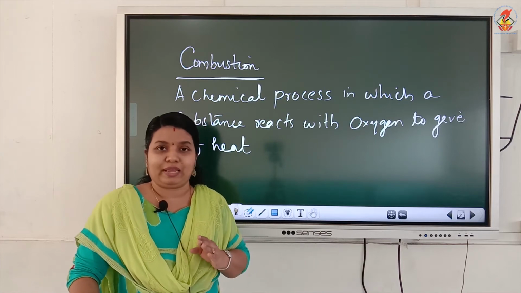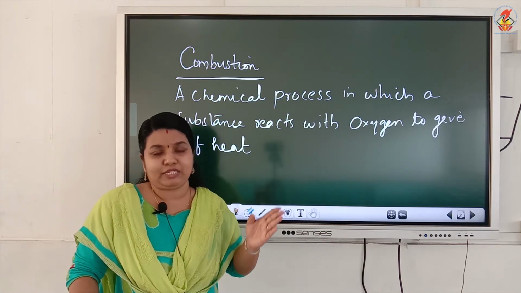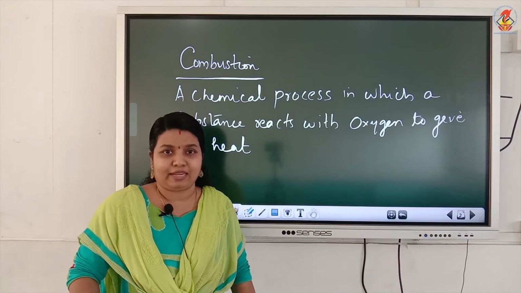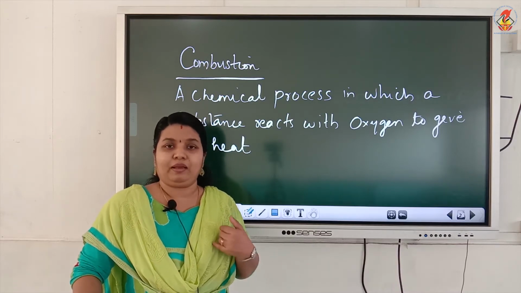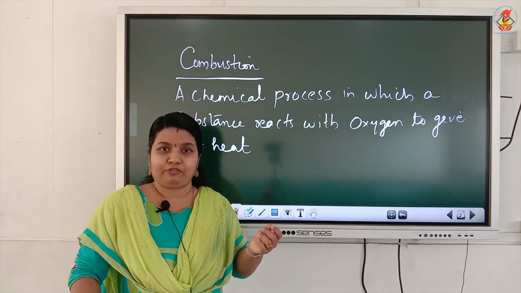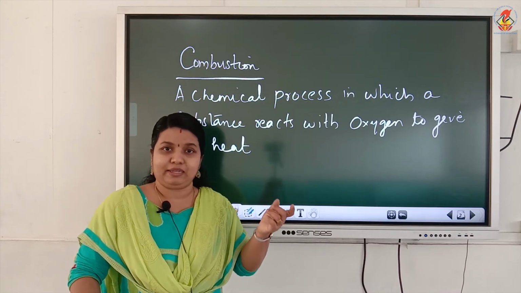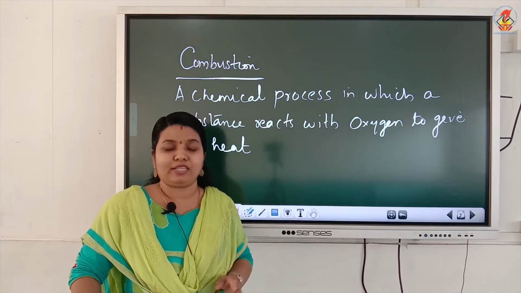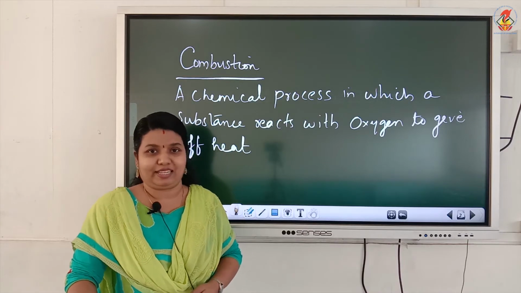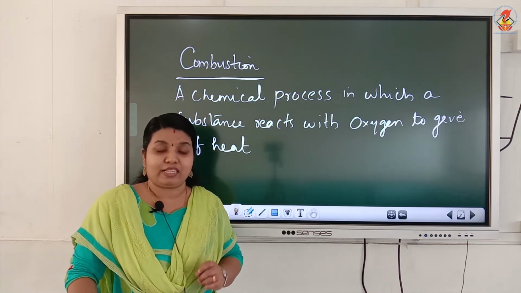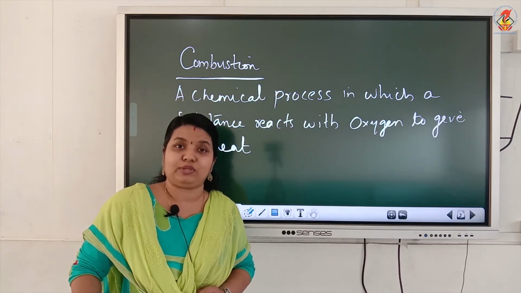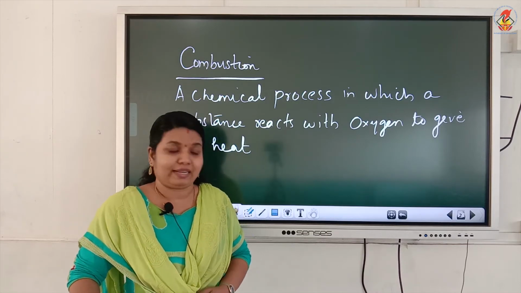So production of light is not mandatory, but heat should be given off. Burning of paper, burning of a matchstick, and fuels like LPG, petrol, diesel, all these are examples of combustion reaction. A chemical process in which a substance reacts with oxygen to give off heat is known as combustion.